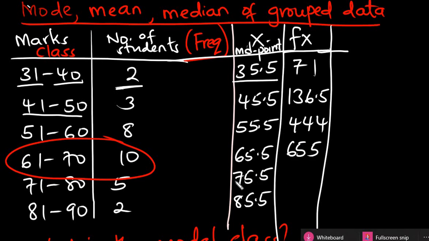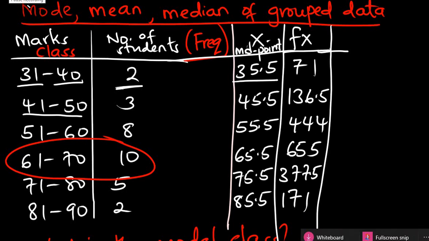Then 5 times 75.5 is 377.5. Finally, we have 85.5 times 2, that's 171.